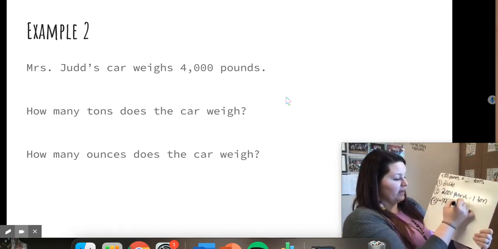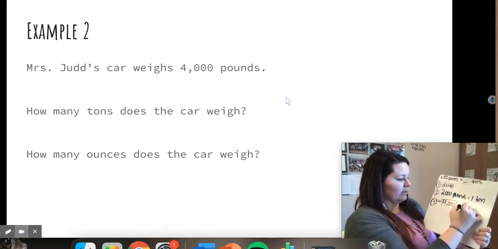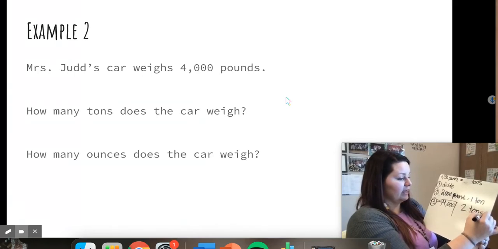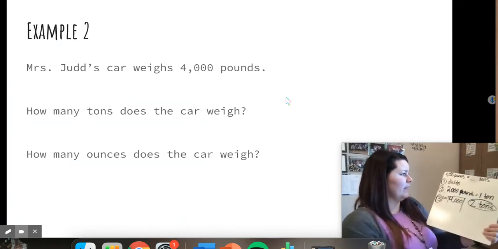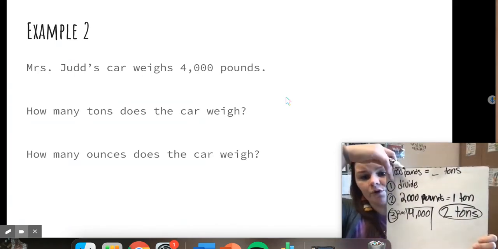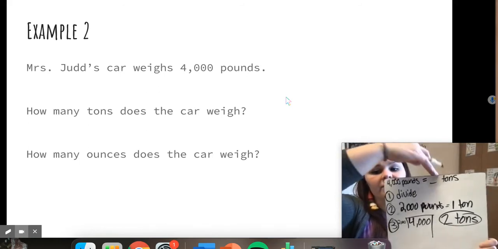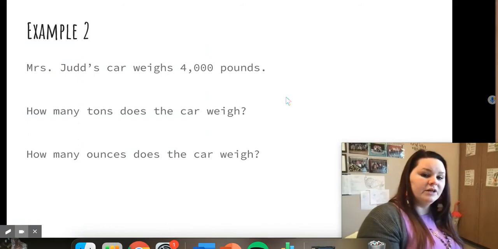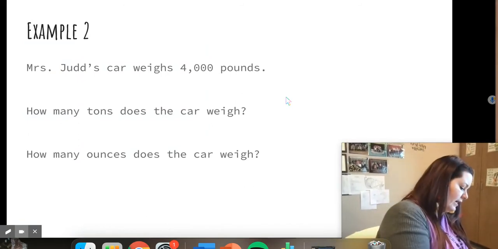Okay, well, we know 2,000 will go into 4,000 2 times because it's double. So it is 2 tons is the answer. Does that make sense? Absolutely, because there are 4,000 pounds and then there are 2,000 in 1 ton, so there are 2 tons.